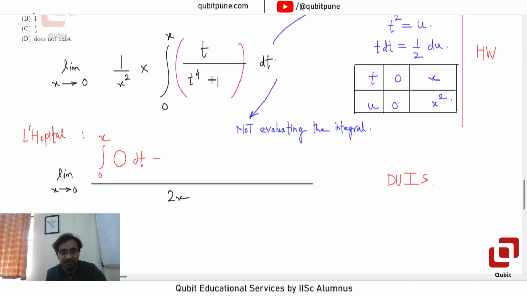Then what next? What follows is we put the upper limit there, and we multiply this by the derivative of the upper limit with respect to whatever variable we are differentiating with respect to, right? So that's x, so the derivative of x with respect to x is 1.